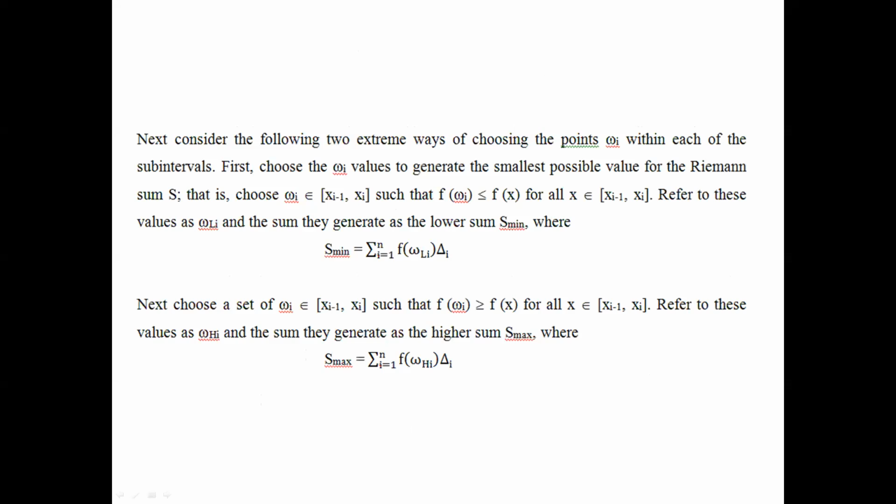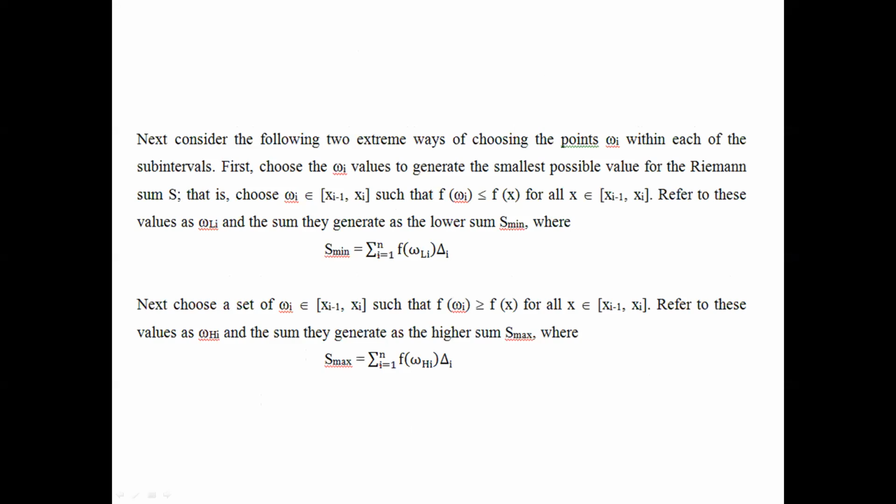Now, there are two ways in which we can choose omega 1. The first method is we choose omega 1 so that the Riemann sum generated is smallest. So basically, we are choosing omega 1 to minimize the Riemann sum.